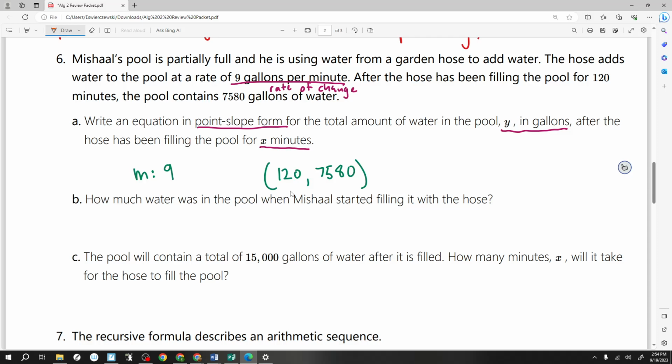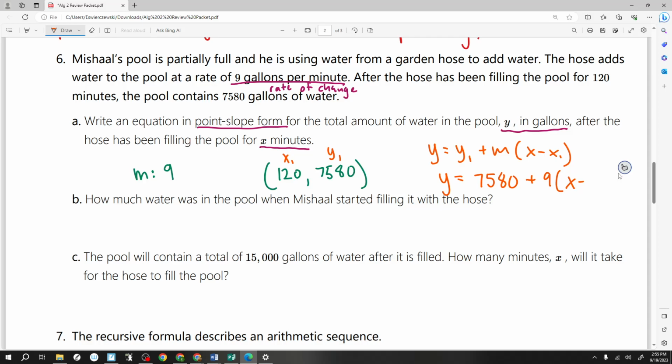What do I write above the point? X1, Y1. Point slope is this, Y equals Y1 plus M times X minus X1. So here's going to be my equation. 7,580 plus 9 times X minus, oh, I almost messed up.